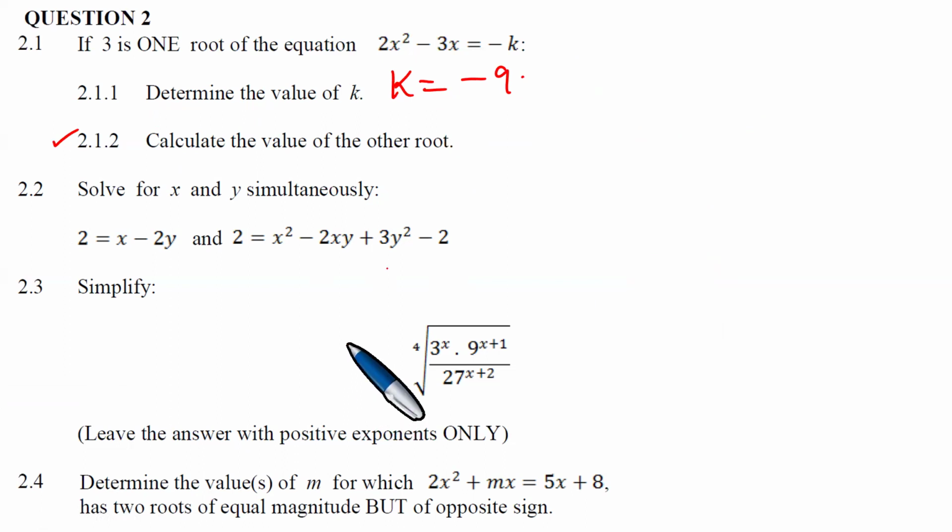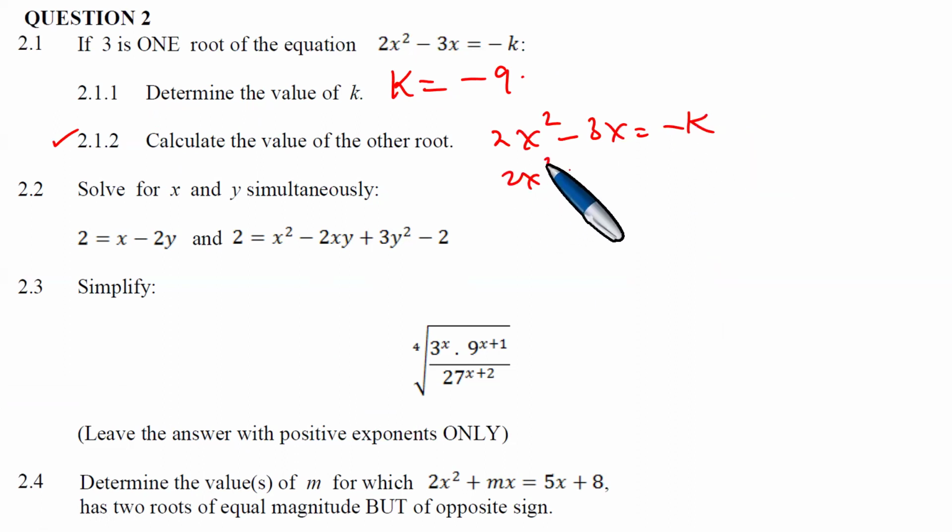Once you get k equals minus 9, you plug it into the equation. So you have 2x squared minus 3x equals minus k, so we have 2x squared minus 3x equals minus, and you have a minus 9.